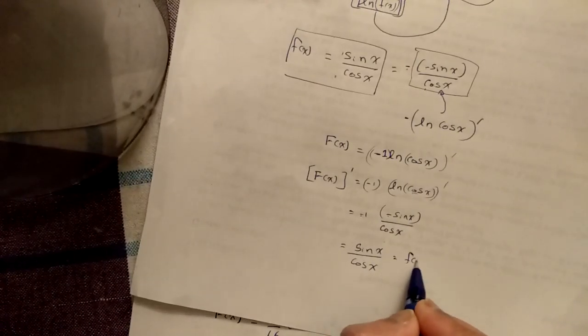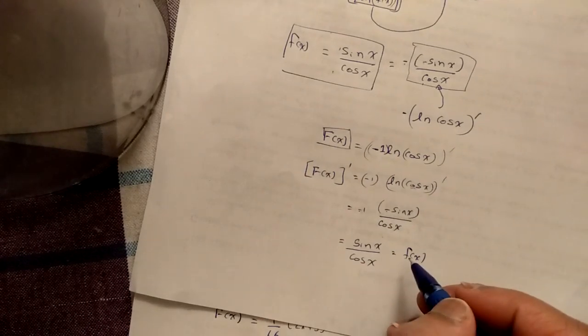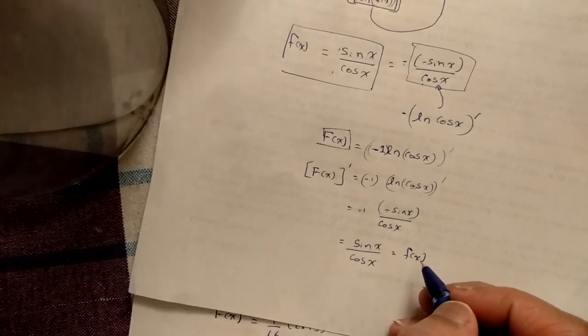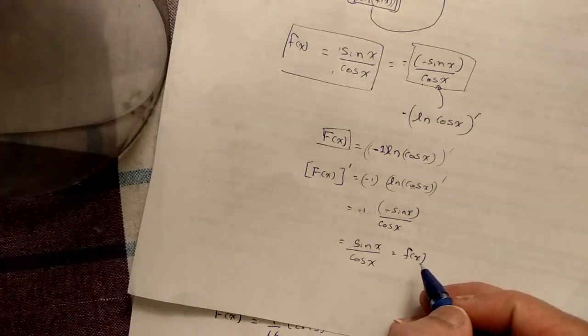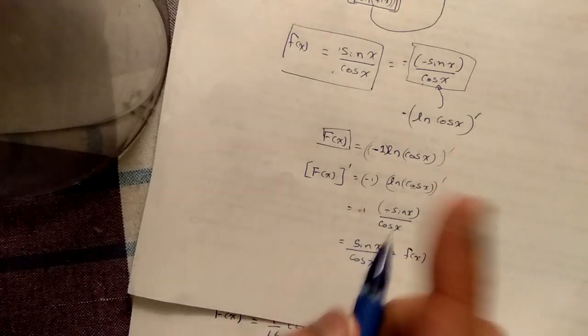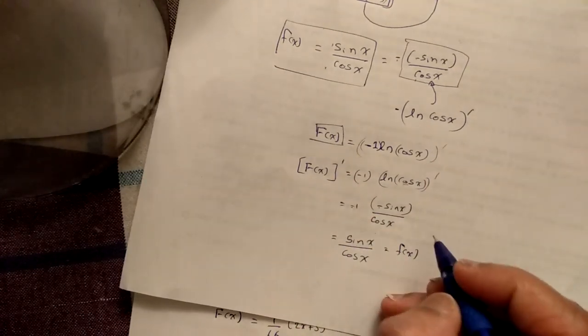In other words, capital F(x) is an antiderivative. You don't call it the antiderivative because it is not the only possible answer. You call it an antiderivative, not the antiderivative. Okay.